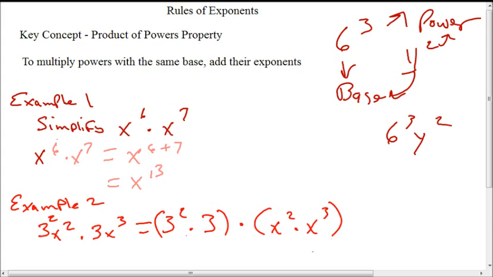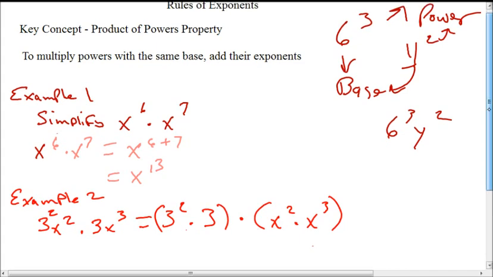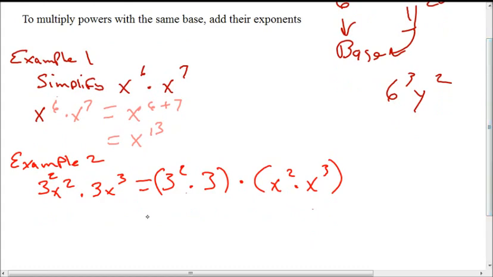Now I know some of you are probably saying, okay, let's multiply 3 times 3 and get 9, but that's not the case here. We're still going to add the actual exponents. So for your constants, this would give me 3 to the 2, and when you see a number or a variable that does not have a power, that power is 1.